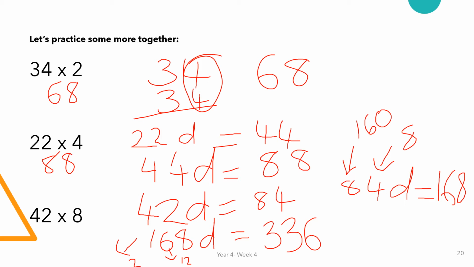So it would be 60 plus 60, which is 120. Or we would make it 12. But I'm just going to make it 200 and 120 to not confuse you. And then 8 doubled would be 16. So 200 plus 120 plus 16 in total is the 336. And that is how I got my answer.